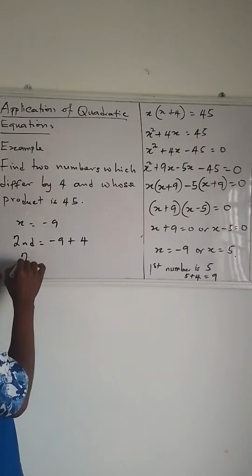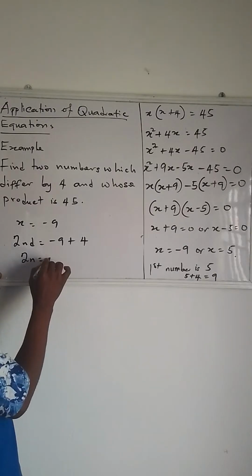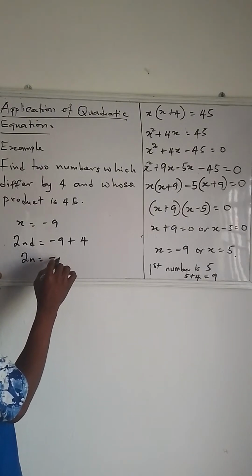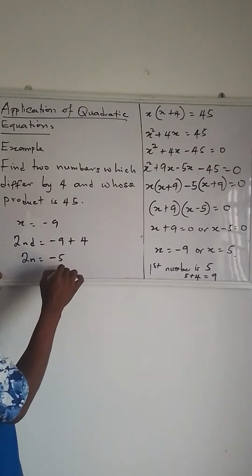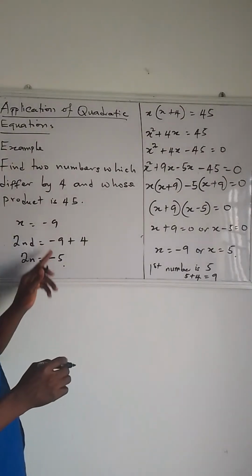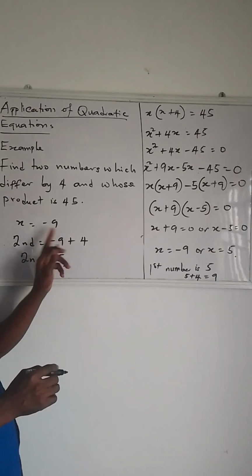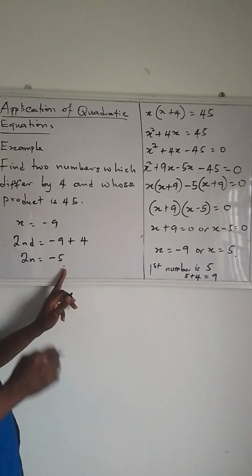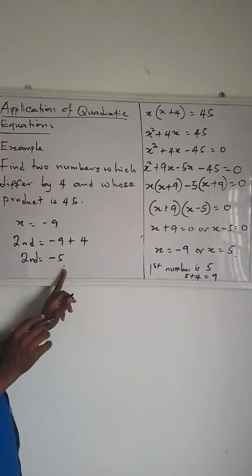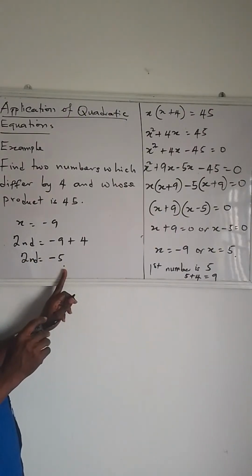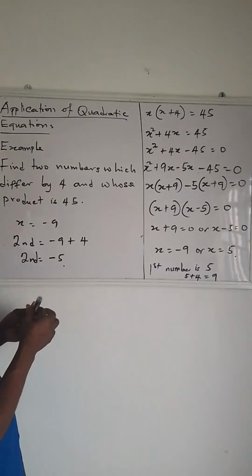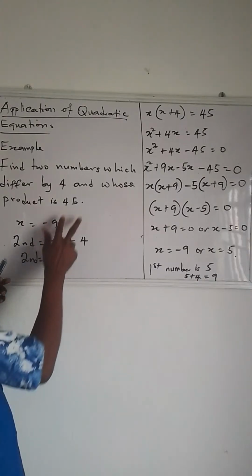So the second number equals minus 5. So the first number is minus 9, while the second number is minus 5. You can see when you multiply this and this together, you have 45.